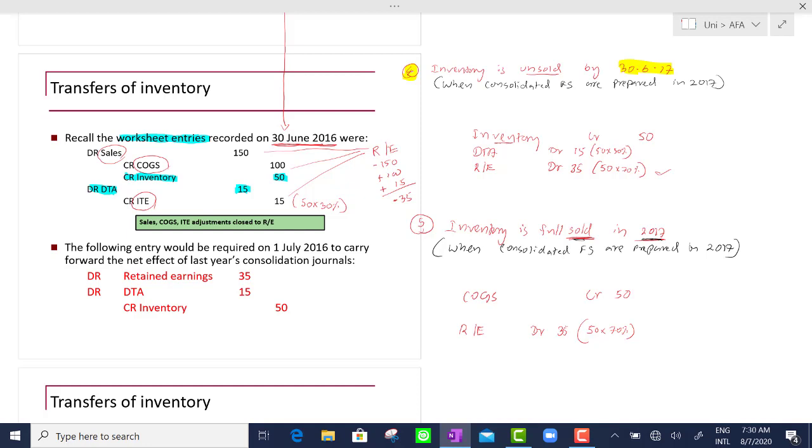In that case, individually companies need to pay taxes when the sale happens. But when it comes to the consolidation, income tax expense is recognized when the external sales happen, right? So the transaction has been realized.